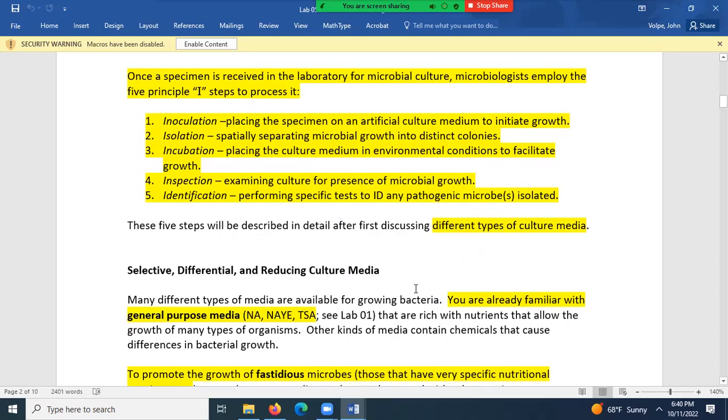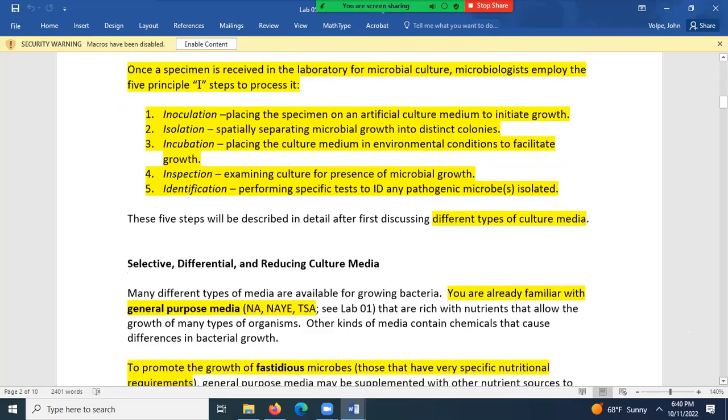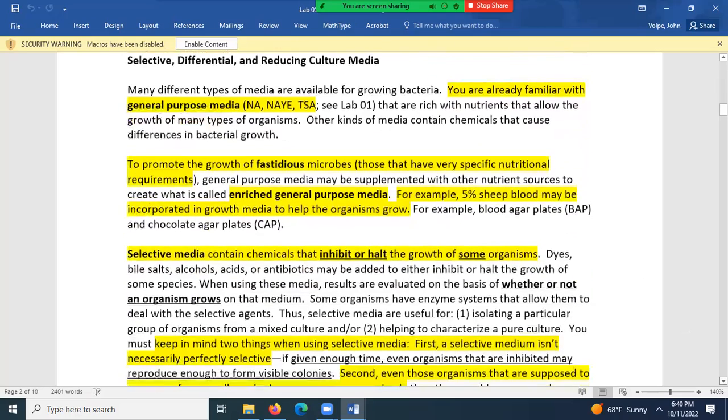So the 5 steps discussed will be discussed further using different types of culture media. You're familiar with many types of media already, like general purpose media, such as nutrient agar or NA, or nutrient agar with yeast extract, or TSA, tryptic soy agar.